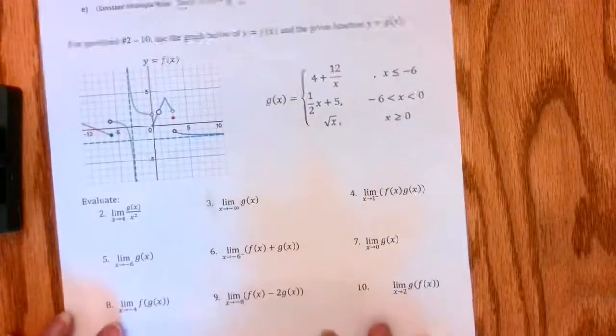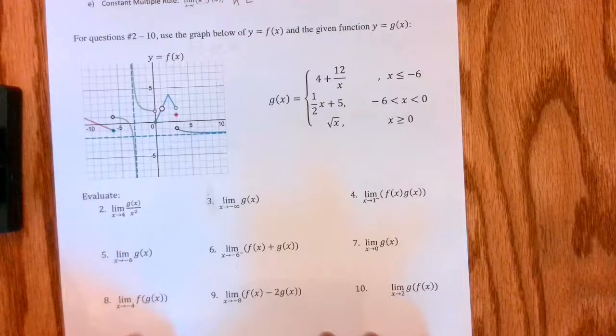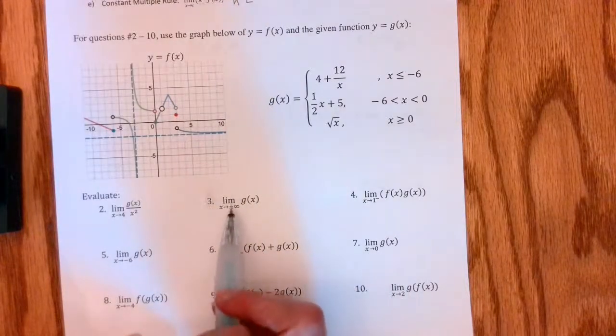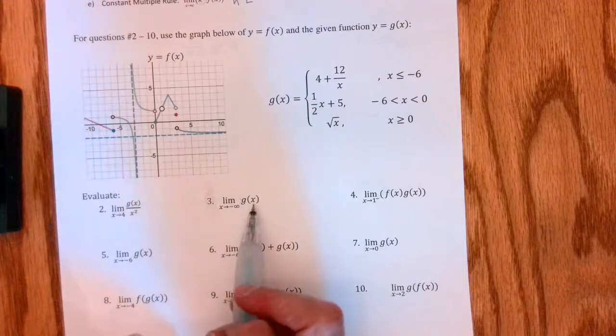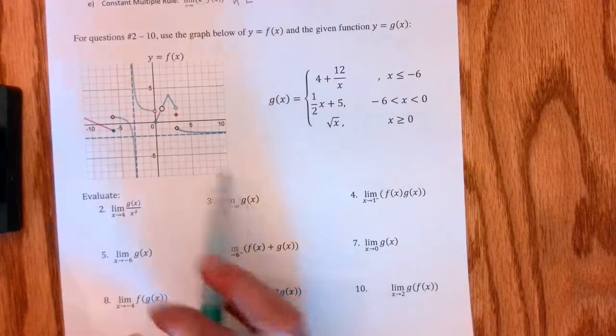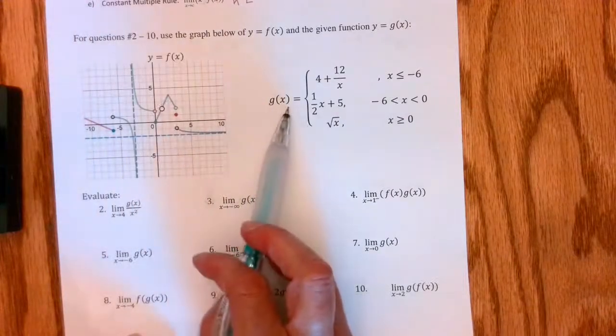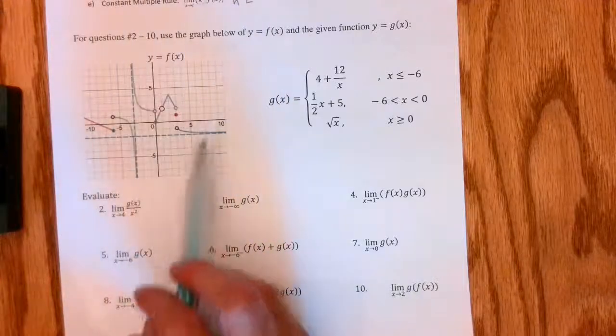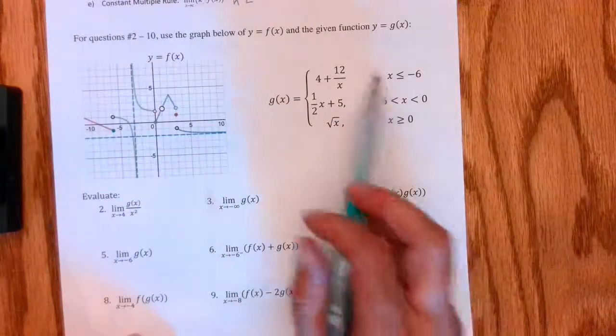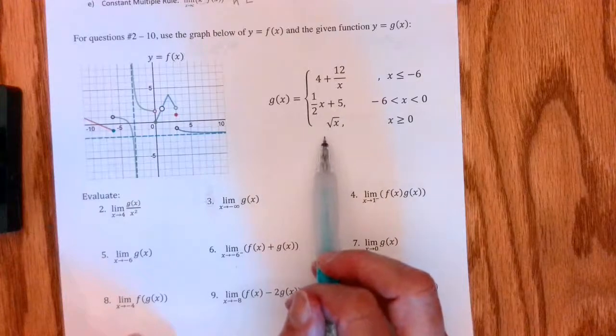How we can use them. Some of these are going to be done now and some of them will be done in school. The limit as x goes to negative infinity of function g. Notice I have two functions here, a piecewise function that's graphed and a piecewise function that's presented analytically.